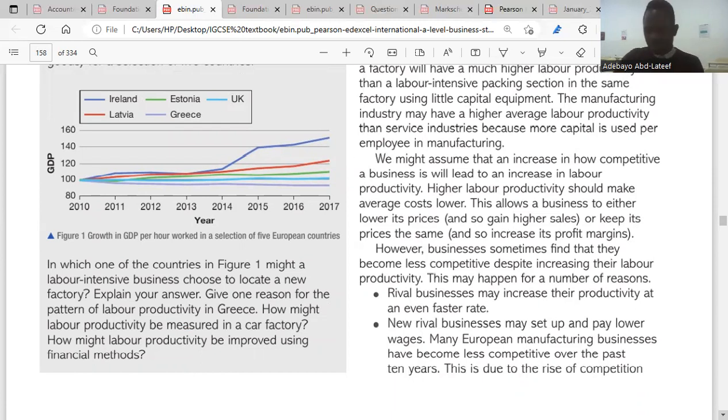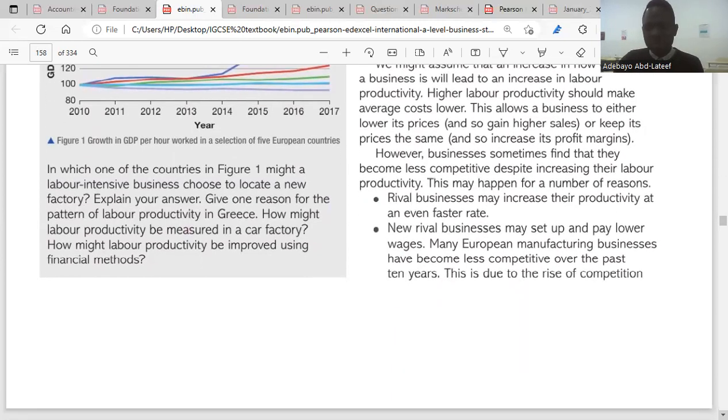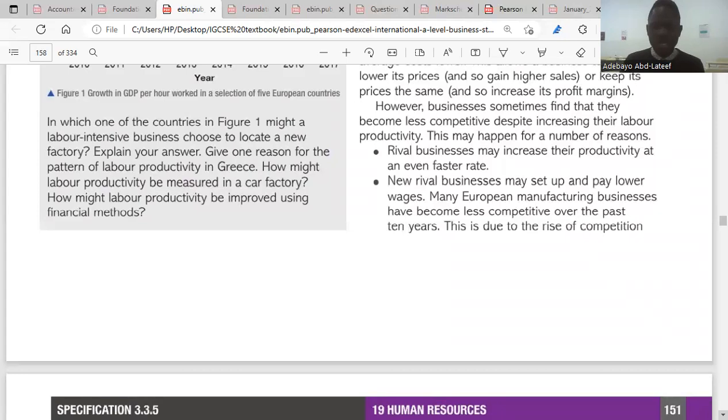So here they said, however, businesses sometimes find that they become less competitive despite increasing their labor productivity. What are they trying to say here? They are trying to tell us about the reasons why labor productivity may not necessarily improve competitiveness. Number one, rival businesses will increase their productivity at an even faster rate. So the way you think as a business or as a firm, you have increased your productivity.